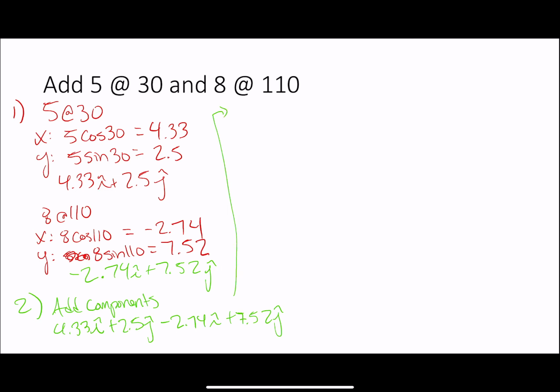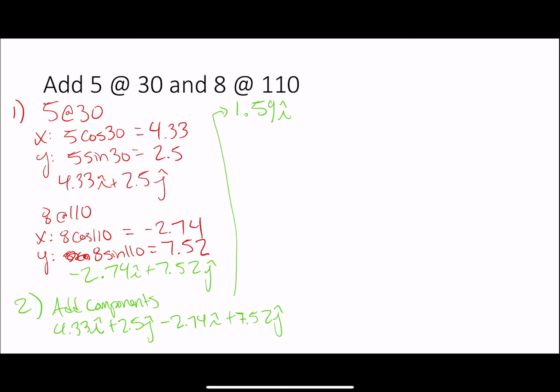Combine like terms, 4.33 i hat, and so I know that I had a longer decimal there, so I'm going back in my calculator and highlighting that 4.33 and hitting enter, so it brings it down, plus, and then I'm going back to that negative 2.7, hitting enter, brings it down, hitting enter. And then it gives me 1.59 i hat.